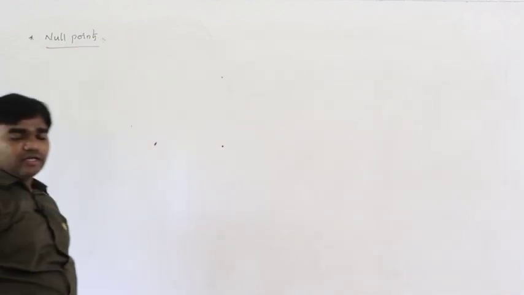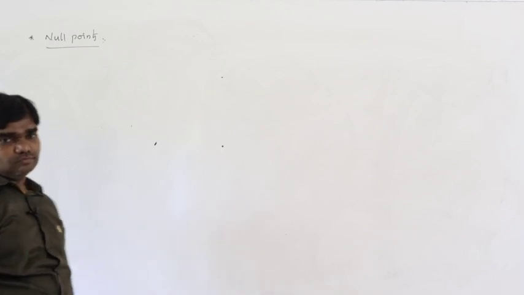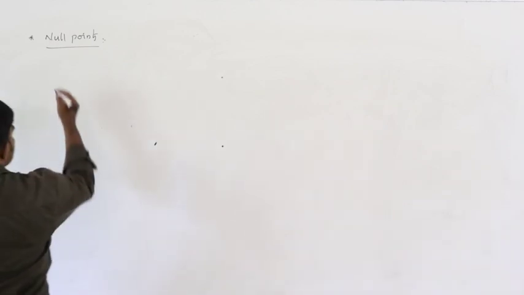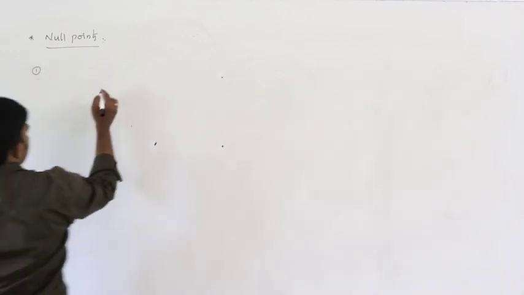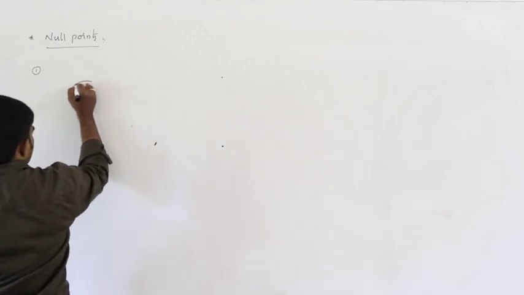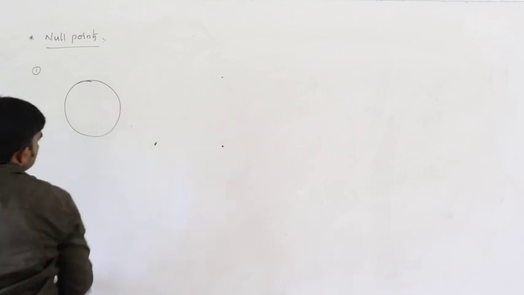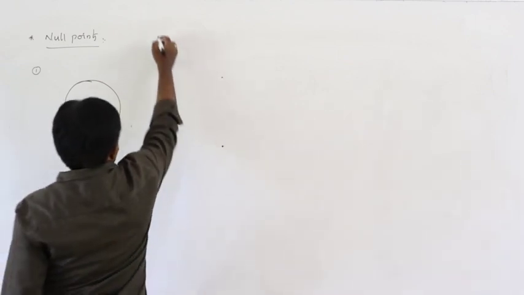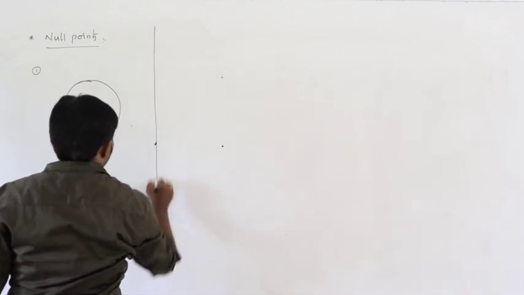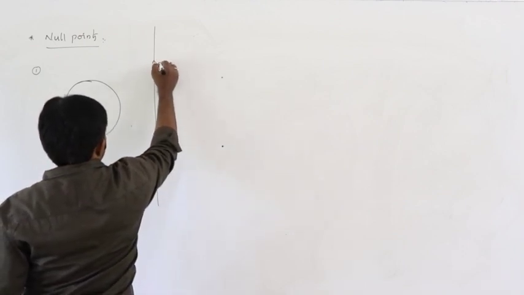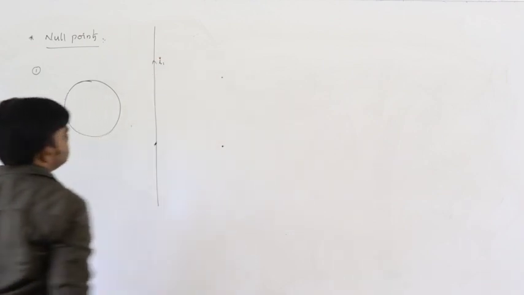Null points in the sense net magnetic field is 0. So first case, let us say, I am considering one circular path and an infinite wire, and this is the current carrying I1.